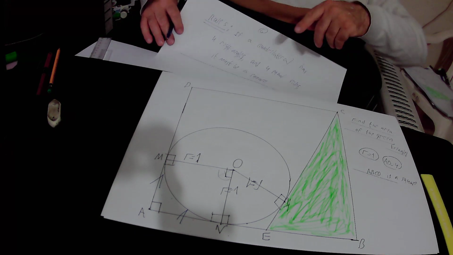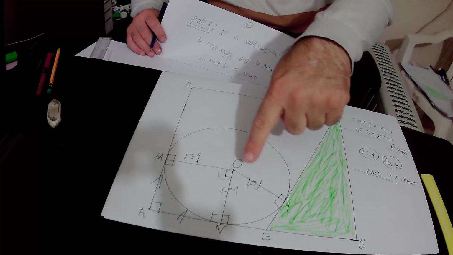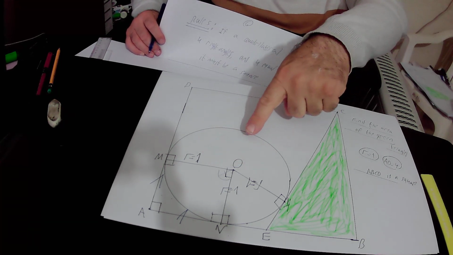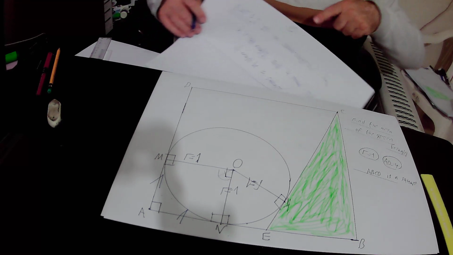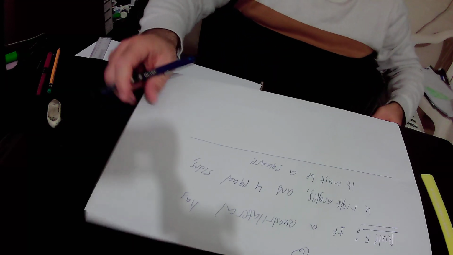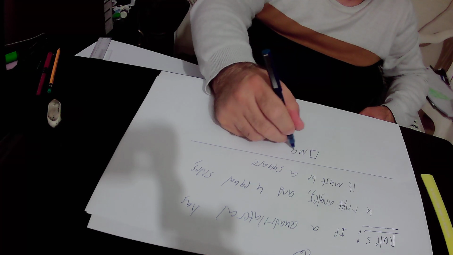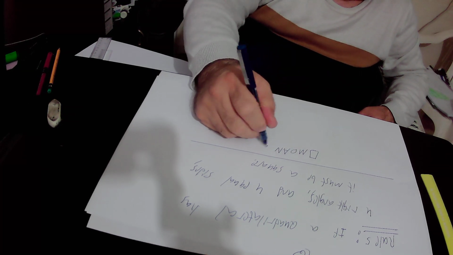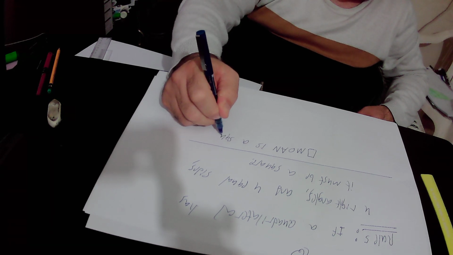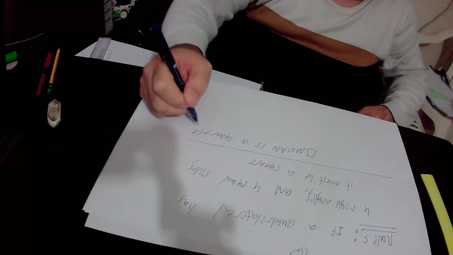And we actually found out that quadrilateral MOAN has 4 right angles and 4 equal sides, therefore quadrilateral MOAN is a square.